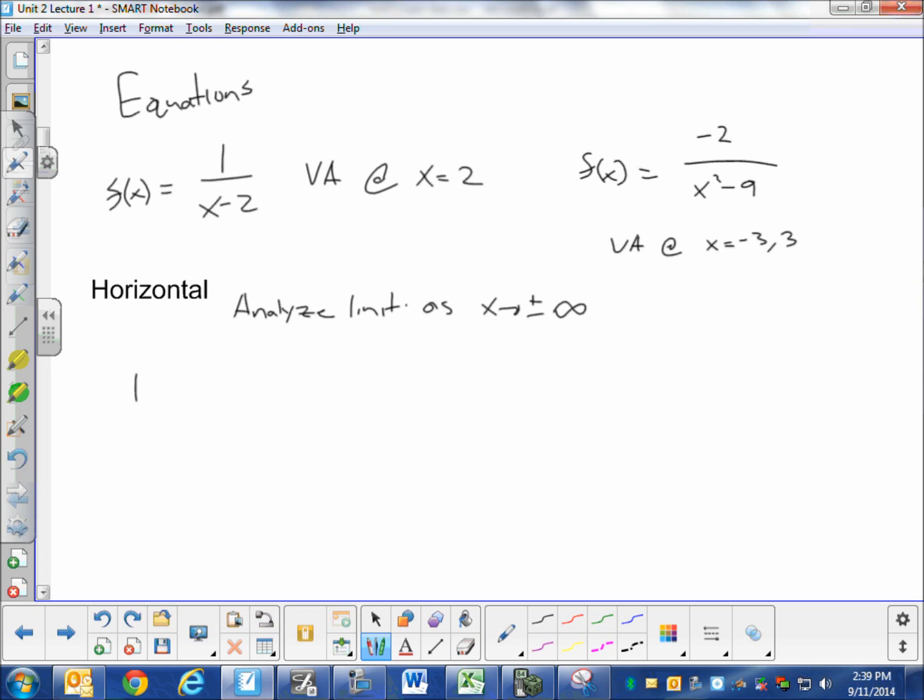So if the limit as x approaches positive or negative infinity of a function equals some value, let's just say L, we will have a horizontal asymptote at y equals L.